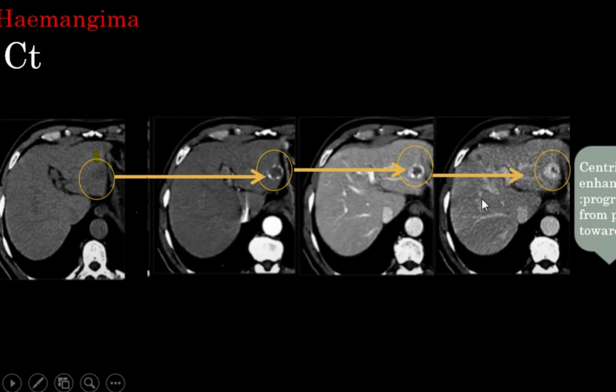But at which phase it completely fills in depends on the size of the lesion. The larger the size, the more time it takes to fill in. The smaller the size, the less time it takes. This pattern of enhancement that starts from the periphery and goes toward the center is called centripetal enhancement.